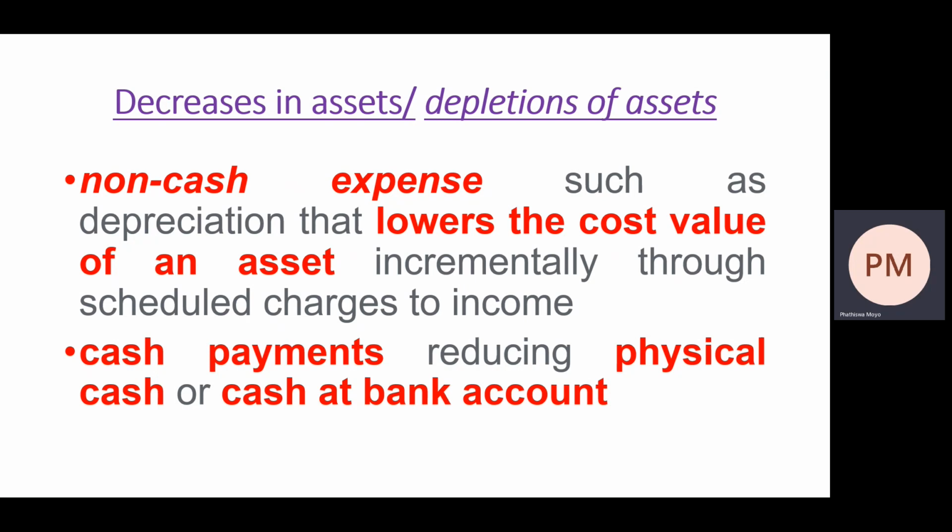I did mention that also the decrease in assets. The decrease in assets, when we're talking about expenses, can also relate to the cash actually used to pay. Like when the office for the business doesn't have milk or coffee or tea bags, a receptionist or the driver goes to buy those at Pick n Pay, they're given petty cash.